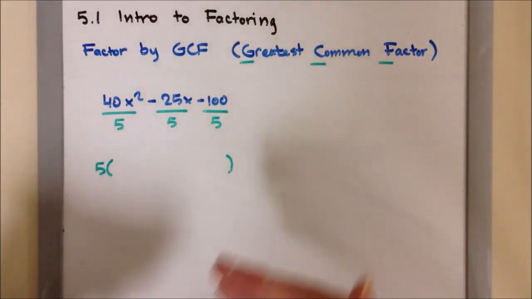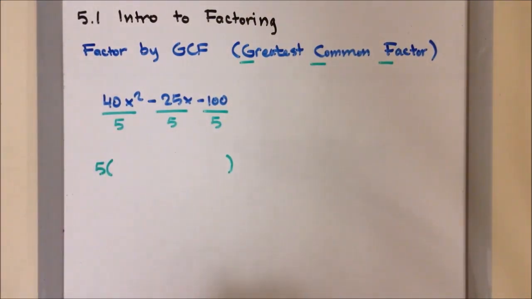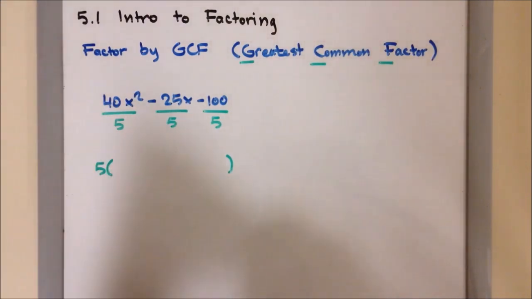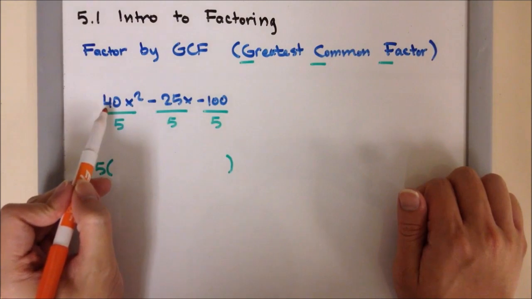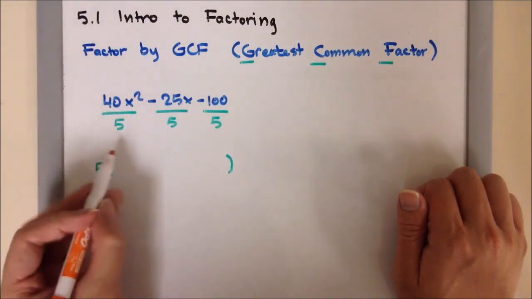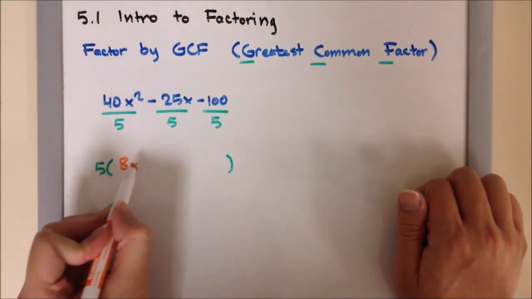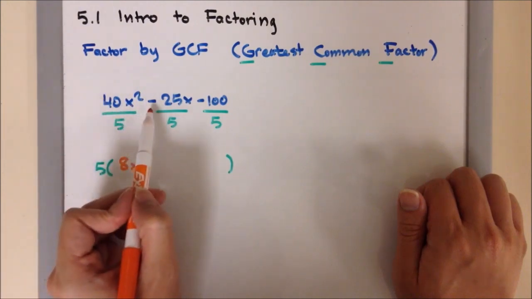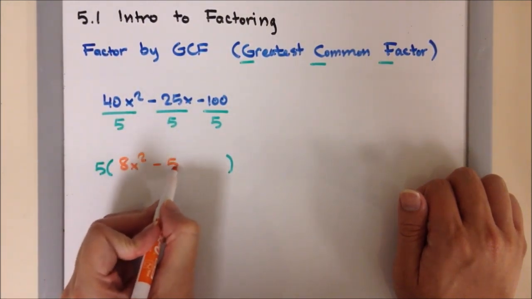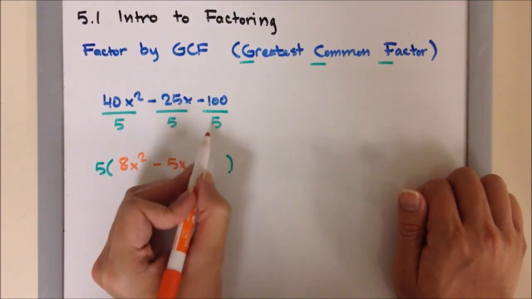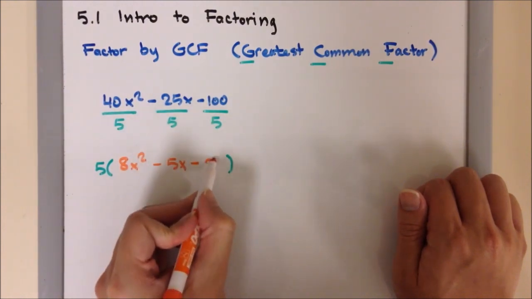Now remember, I am undistributing with the 5. By undistributing, I am dividing. So 40x squared divided by 5 will be 8x squared. Negative 25x divided by 5 is just negative 5x. And then negative 100 divided by 5 will be negative 20.